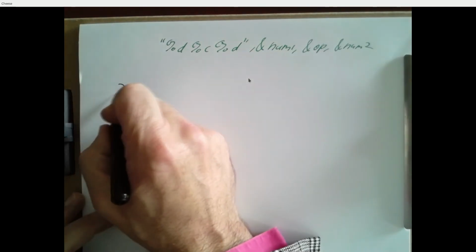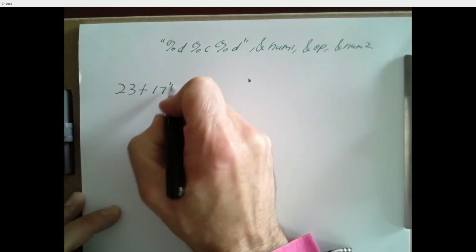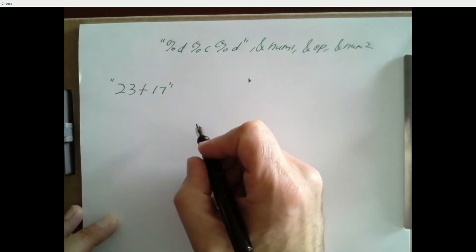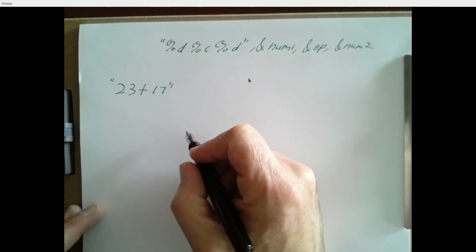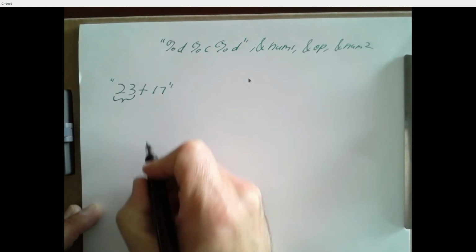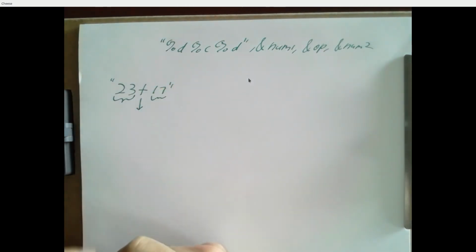And let me break it into pieces for you. Suppose this is your input string, and your goal is to just break it into 3 pieces. A string of characters here, a single character here, and a string of characters here.